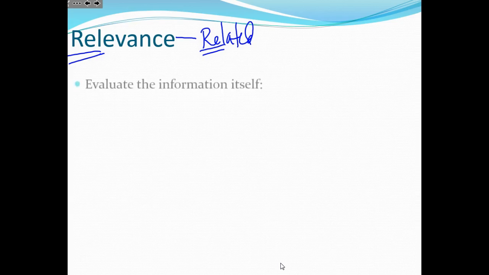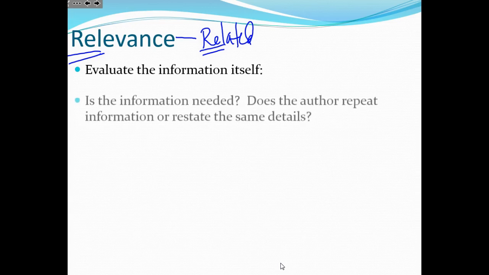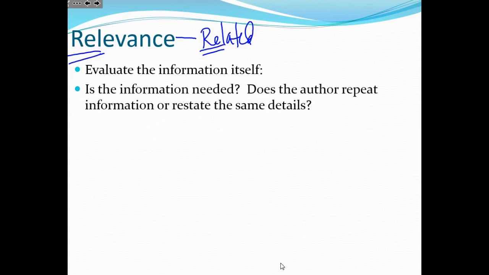Okay, so we're looking at the word relevance, and relevance means related. It means it's related to what you're actually talking about. A lot of times people, for filler, might put in some details that just sound good, but they're not really related. So we're going to look for relevance too. So evaluate the information itself. Is this information actually needed?